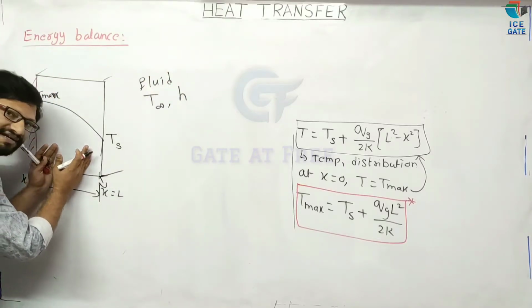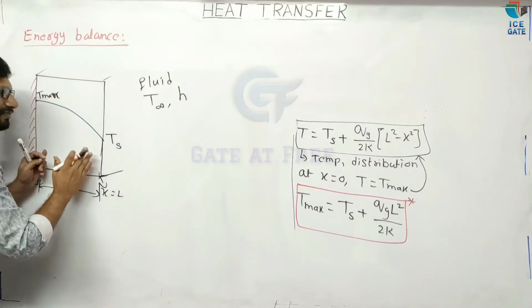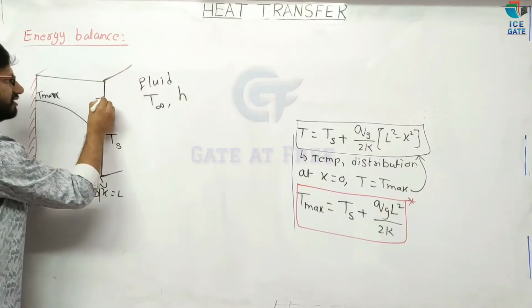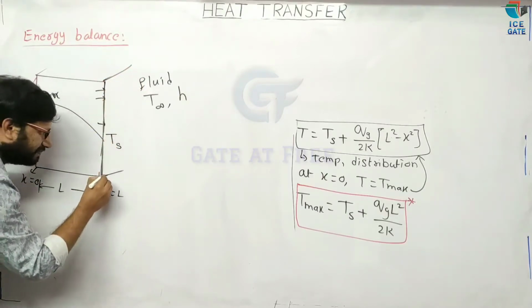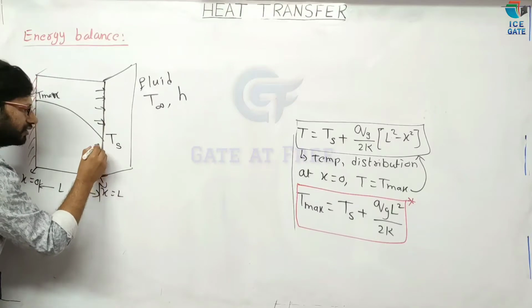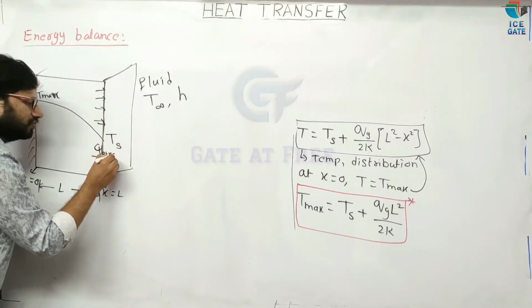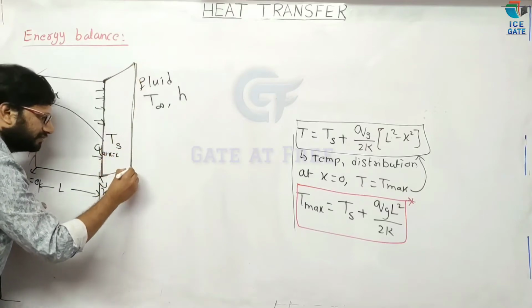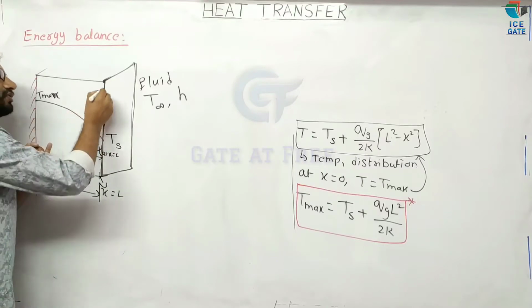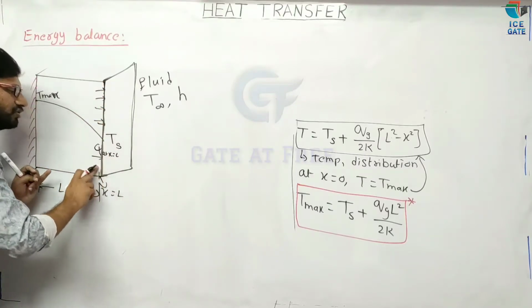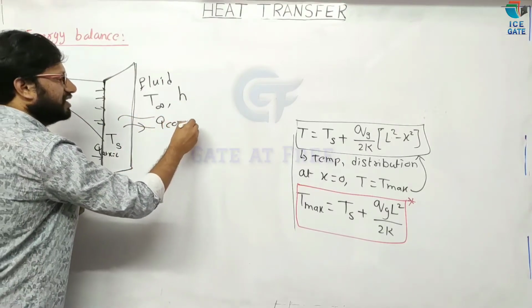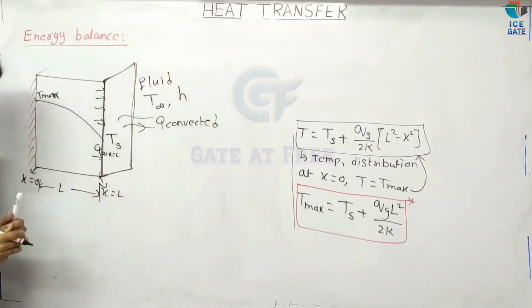The amount of heat generation in the plain slab is equal to the amount of heat conducted at x is equal to L, at this plane, and that should be equal to heat convected. Already I have explained in the last two cases.